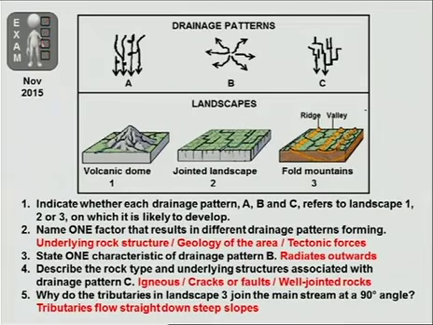To match the drainage patterns with the landscapes. And I'm just quickly going to run through a few of these questions just as a revision of what I've said with the different drainage patterns. Now, the first question there was, indicate whether each drainage pattern A, B, C refers to the landscape 1, 2, or 3. Which one is likely to develop?